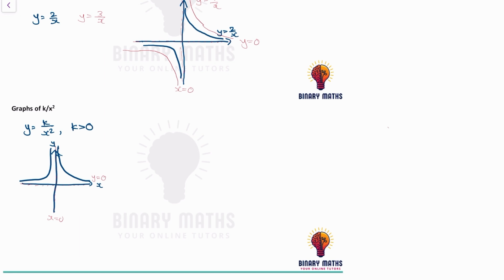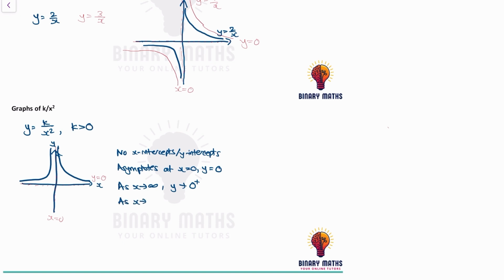So again, if you were to write the features in note form, then there are no x-intercepts or y-intercepts. You have asymptotes at x equals 0 and y equals 0. As x tends to infinity, y tends to 0 on the positive side.